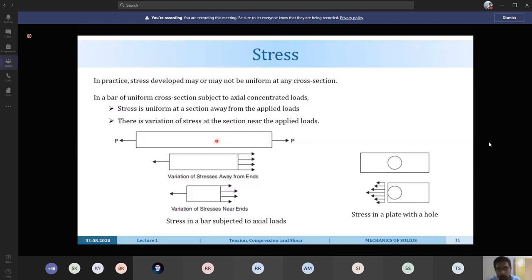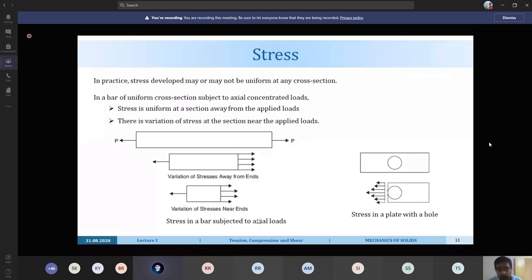When you are moving away from the application of the load, we assume that the stress is developed uniformly, and that is because we made the initial assumption that the beam is elastic, homogeneous, and isotropic.